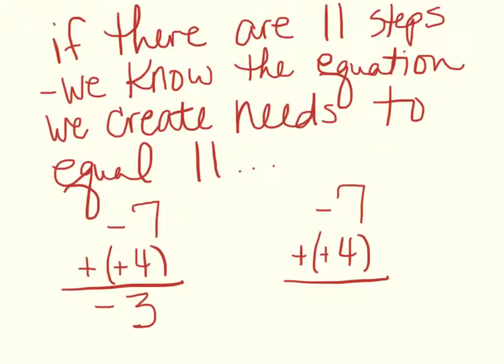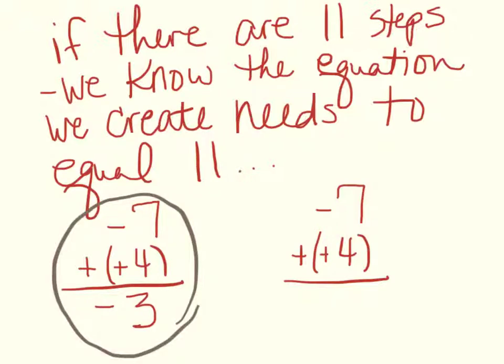If there are 11 steps, we know the equation we create needs to equal 11. But again, -7 plus +4 resulted in -3. We know this is wrong, so we've got to change it. The people who did this had to find a way to where this resulted in 11.